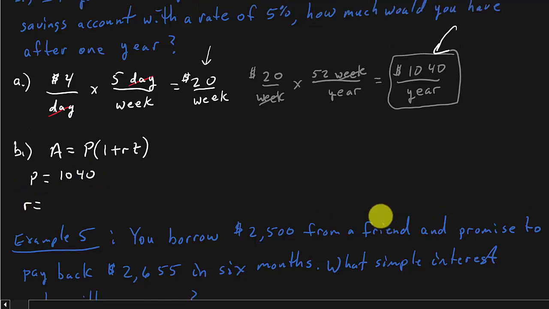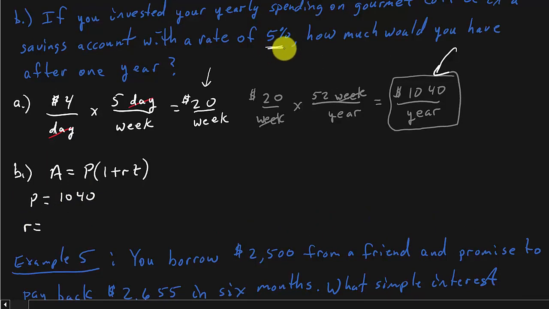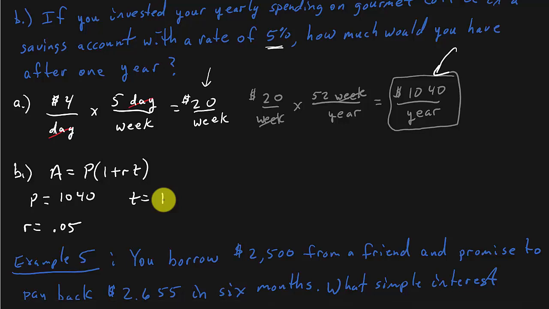R, well, that's at 5%, so that's 0.05. And then T after the 1 year, so T is 1. Remember, T always has to be in terms of years. And so now we plug all of this into our formula.